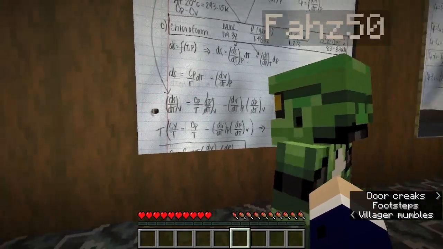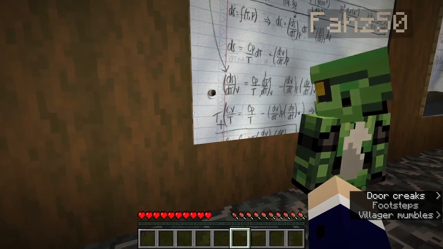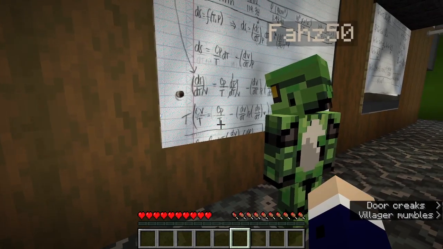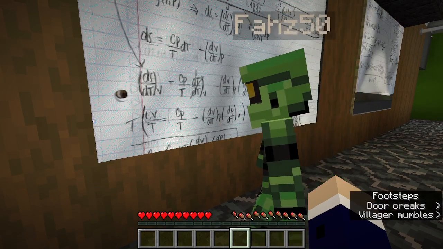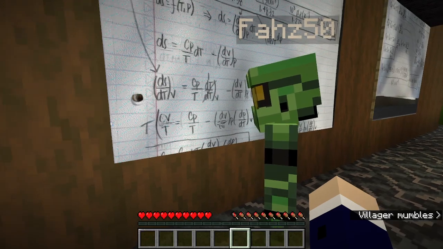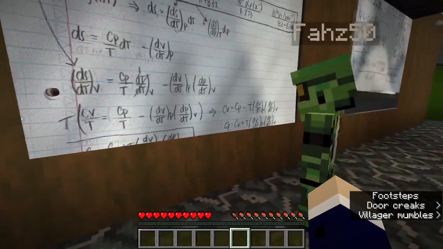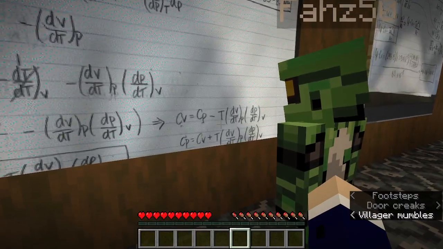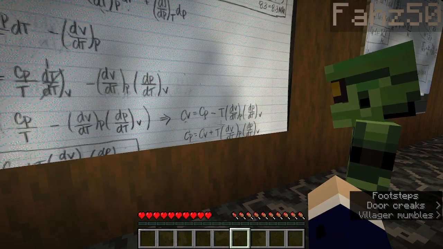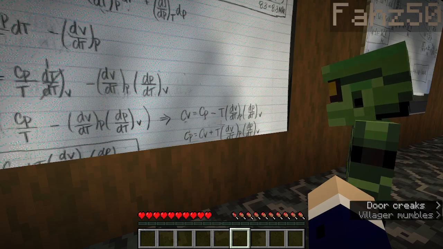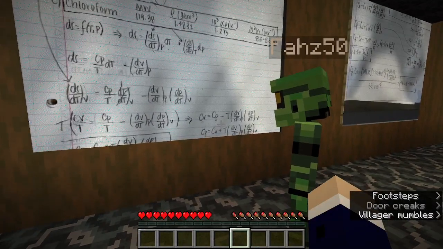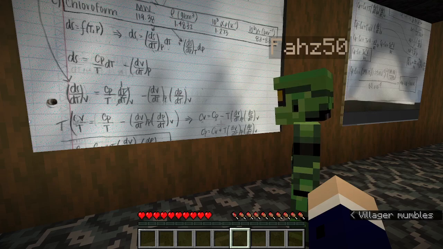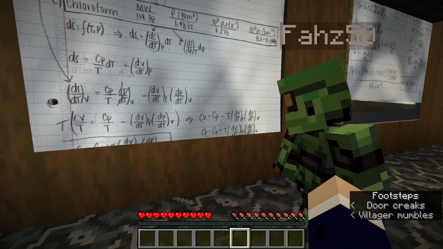So with all that, we have Cv over T is equal to Cp over T minus dV over dT at constant P times dP over dT at constant V. To get Cv and Cp by themselves, we multiply by T, and we're left with Cv equal to Cp minus T times dV over dT at constant P times dP over dT at constant V. Then to get Cp and Cv next to each other on the same side of the equation, we just manipulate it and we get Cp minus Cv.